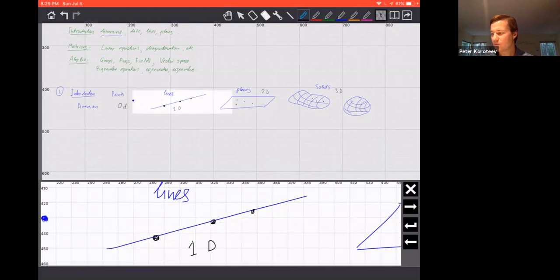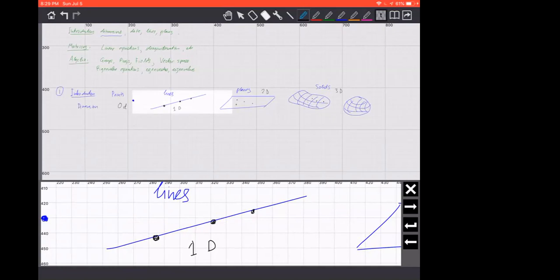Say when you have a line, a line consists of many points, yeah, but a plane also consists of many points, many more points than in a line. We need some quantitative tool to describe lines and planes, and they should be different.